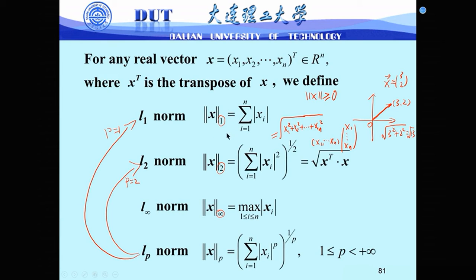So L1 norm and L2 norm are two special cases of the LP norm. Of course, in mathematical analysis, we can prove that when p goes to infinity, the LP norm goes to the L infinity norm. You don't need to master this result, but it's better to understand the relation between the four kinds of norms.